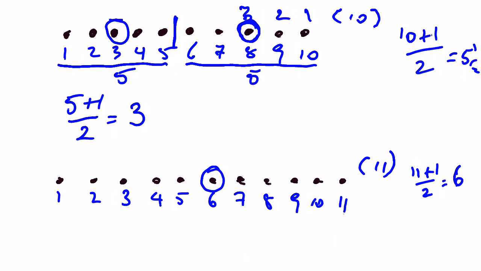All right, let's look at the second example. I found it's my 6th value. Remember that if I want to know how many numbers there's going to be in the bottom half of the data and how many there's going to be in the top half of the data, because I started with an odd number, I can't just go 11 divided by 2.